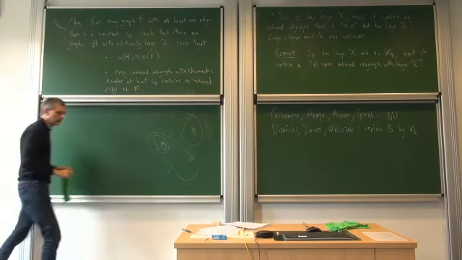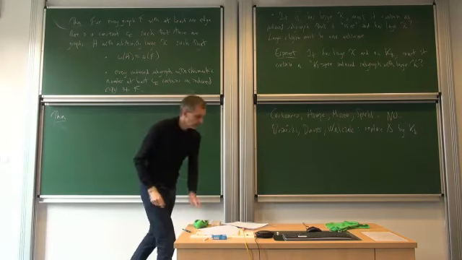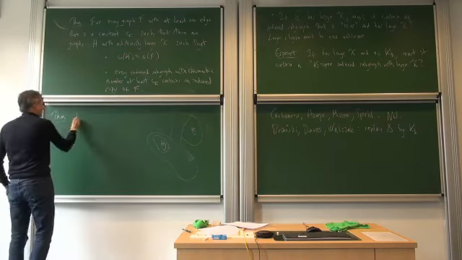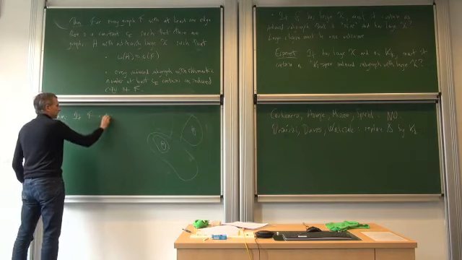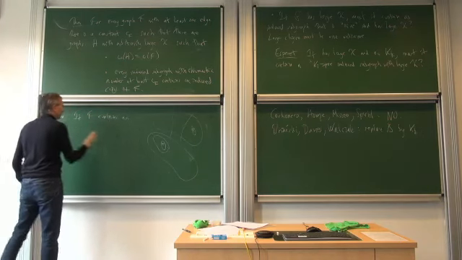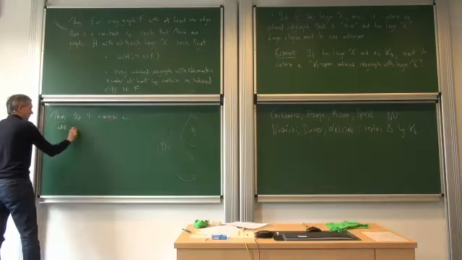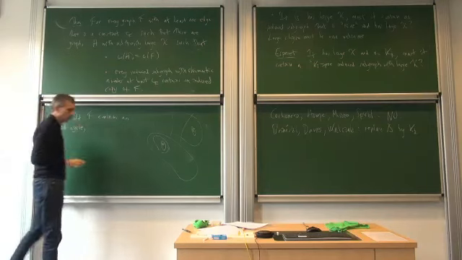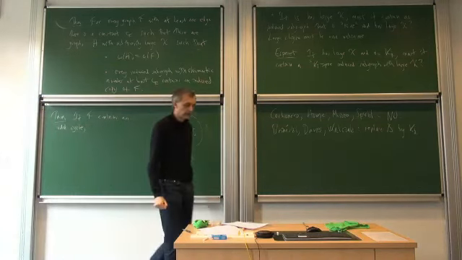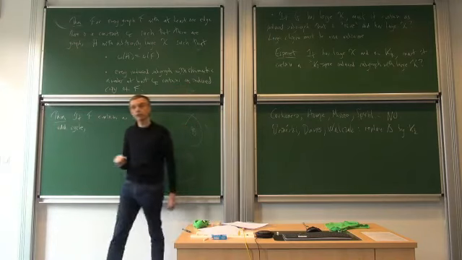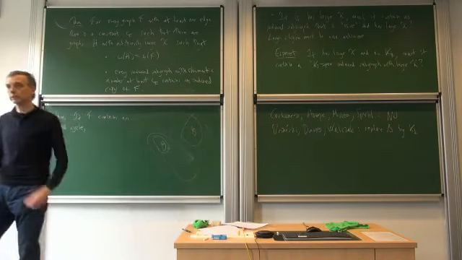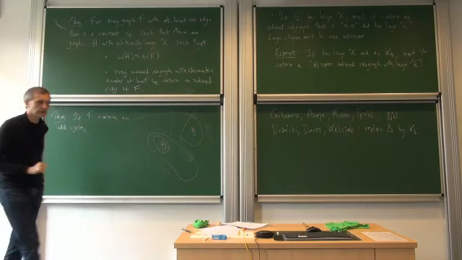Okay, let me say the second theorem as well. There's an odd girth version of the theorem, where the odd girth is the length of the shortest odd cycle in the graph.